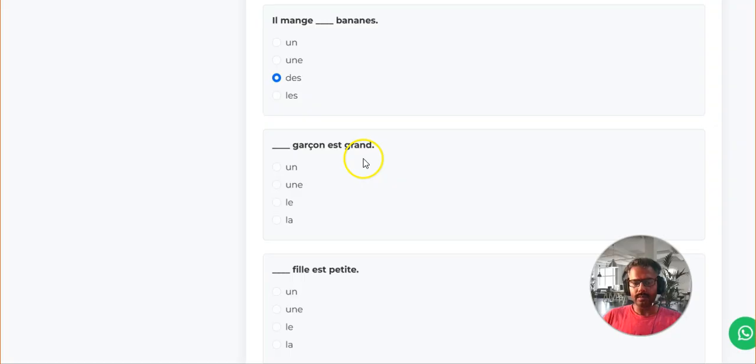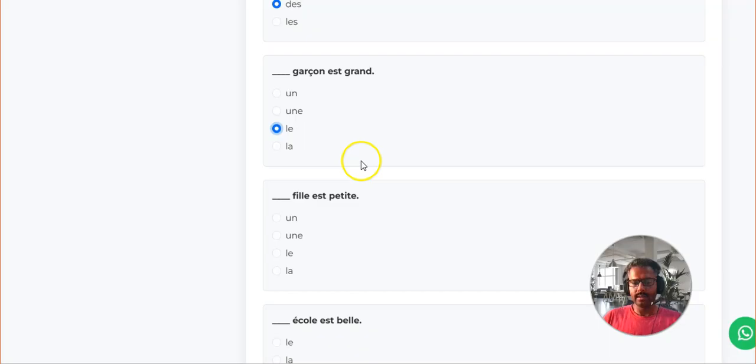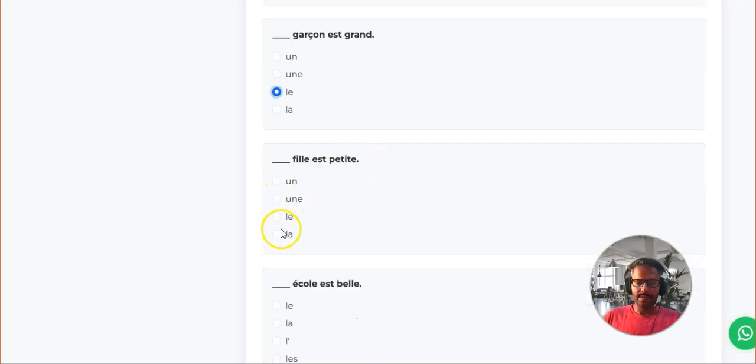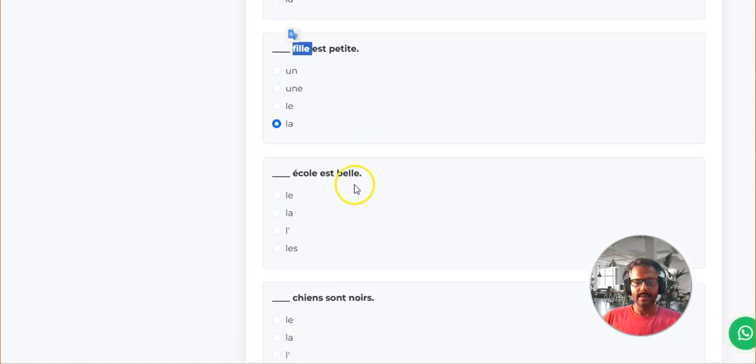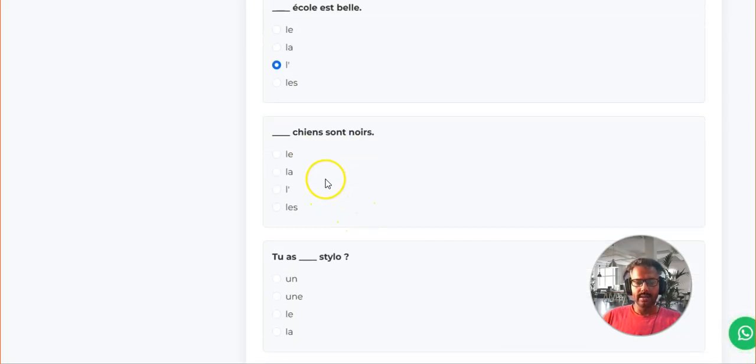Now, here both can come. Un garçon or le garçon. I'm gonna go with le. Le garçon est grand. La fille est petite, since fille is feminine. L'école, because it starts with a vowel. L'école est belle. Les chiens sont noirs.